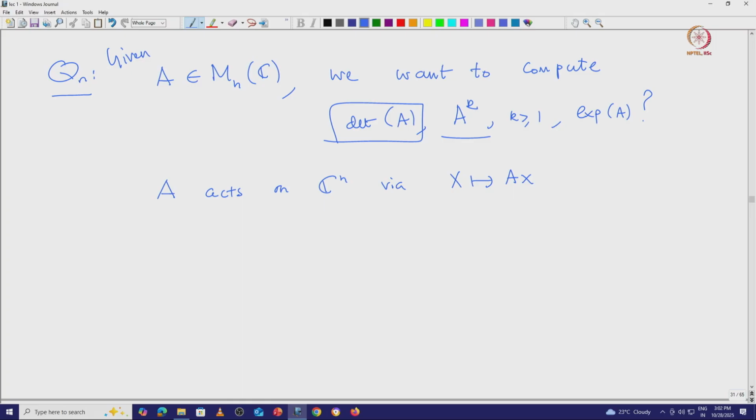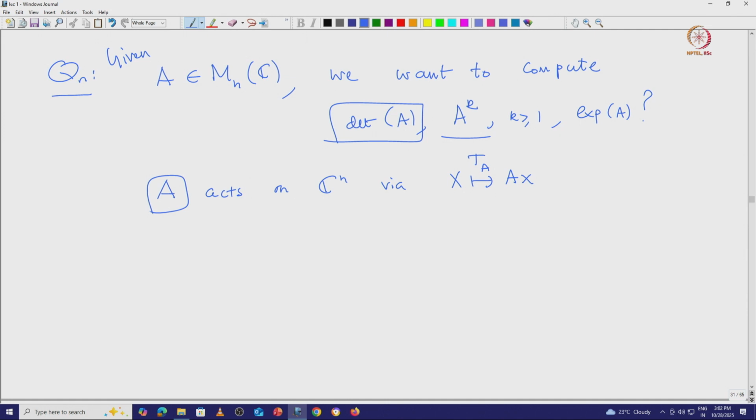Now if we change the basis of C^n from the standard basis to some other basis, then the matrix of this linear transformation will be conjugate to, similar to, the original matrix that we started with.